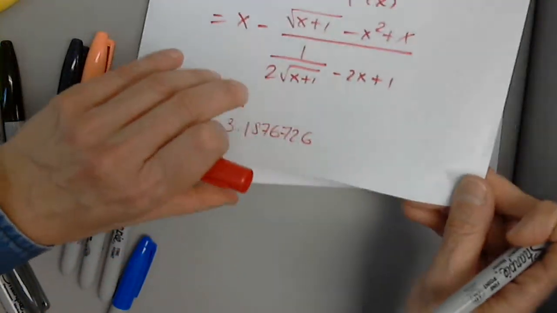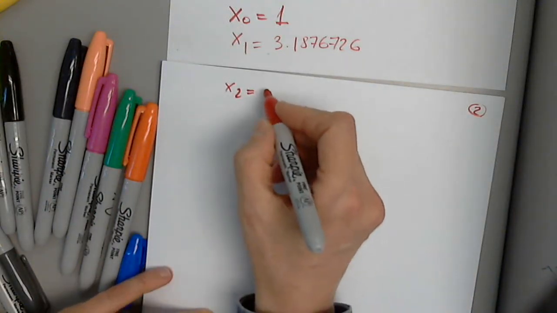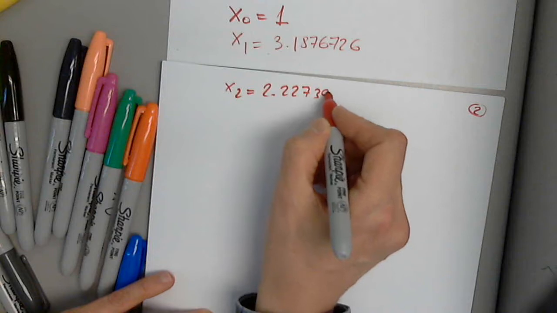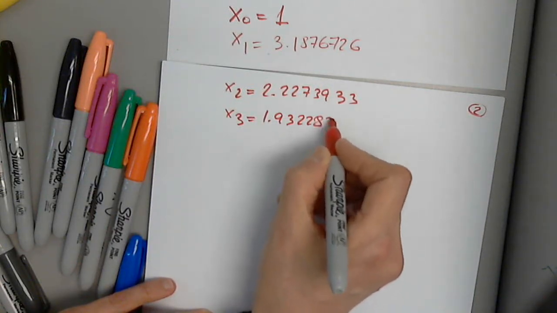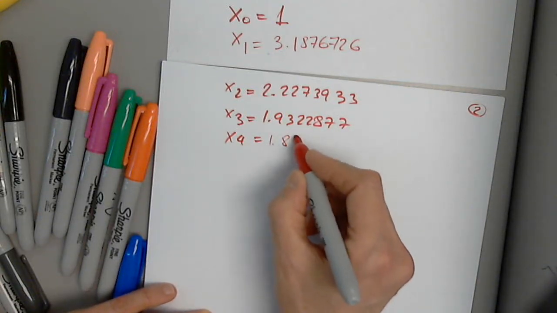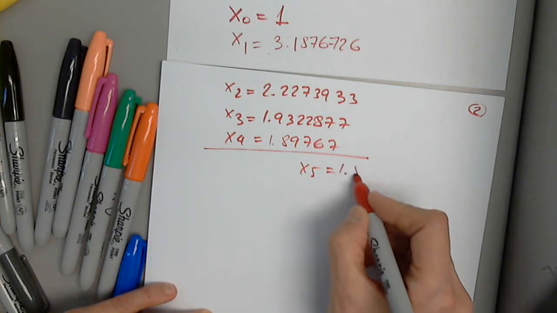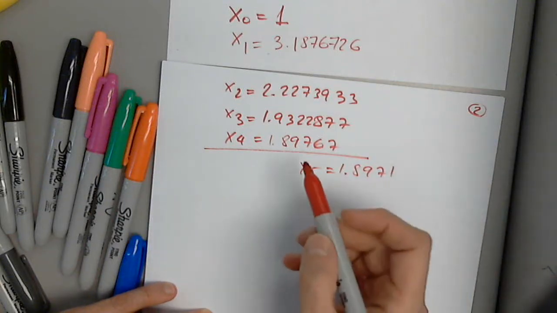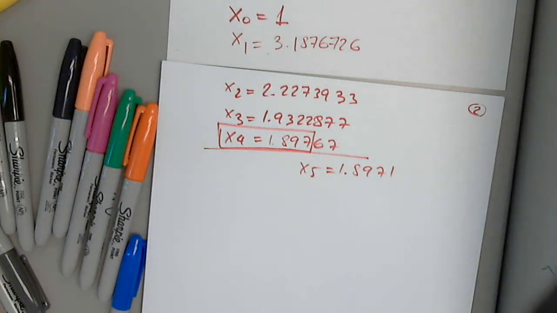Then list x2, 2.2273933. x3, 1.9322877. x4, 1.89767, and you do not have to list x5. It's 1.8971. So you will say, I'm happy with this as the solution. 1.897, because we decided to use 3 decimal digits.